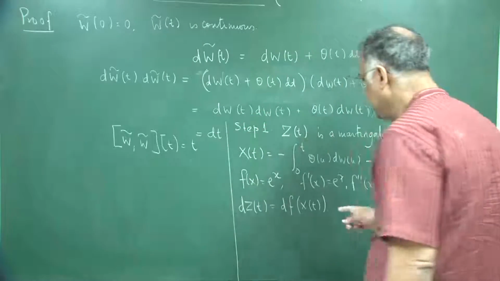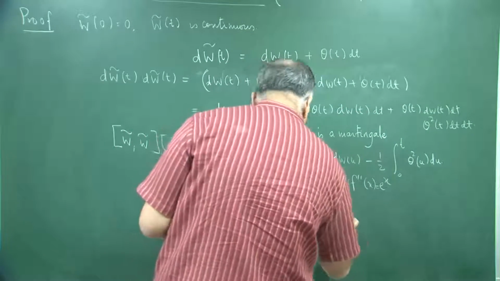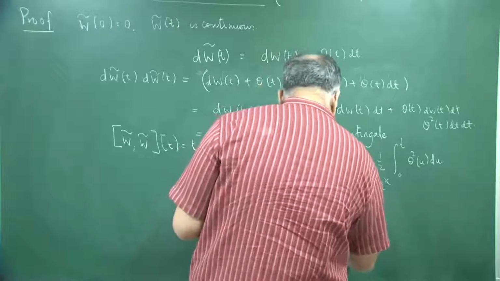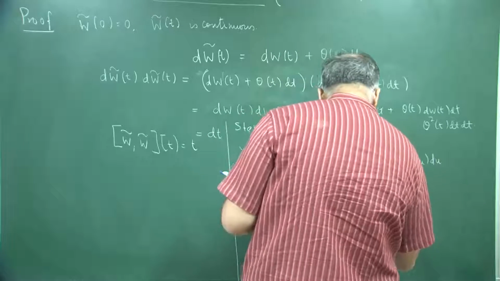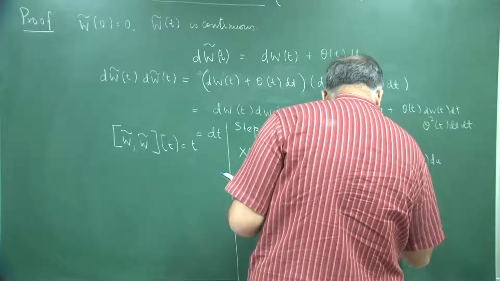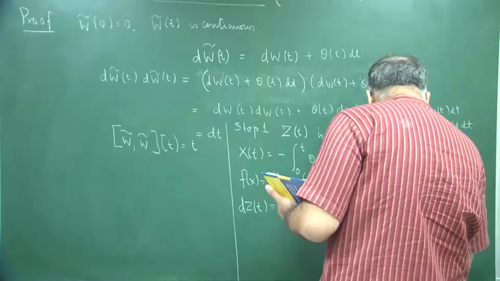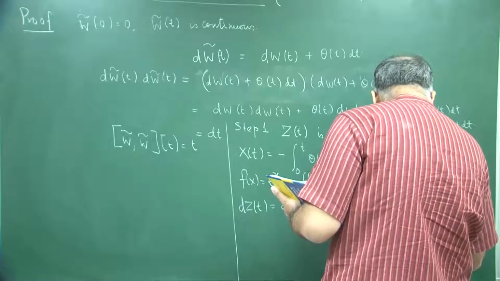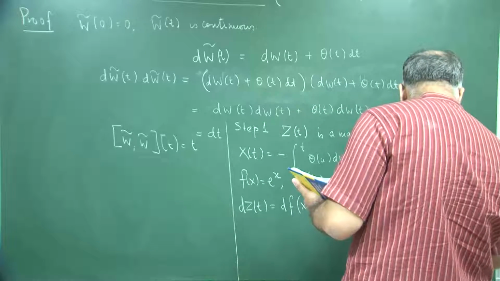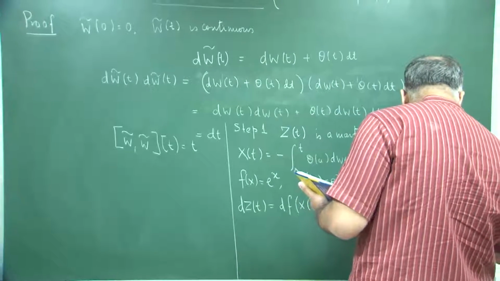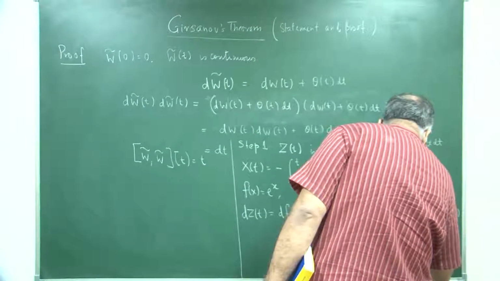Now, we can apply Ito's formula, and by Ito's formula we have this to be nothing but f dash xt dxt plus half f double dash xt times dxt squared, which is the quadratic variation. So, this is by Ito's formula.